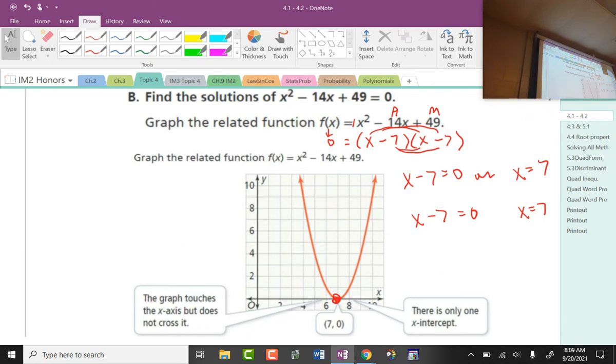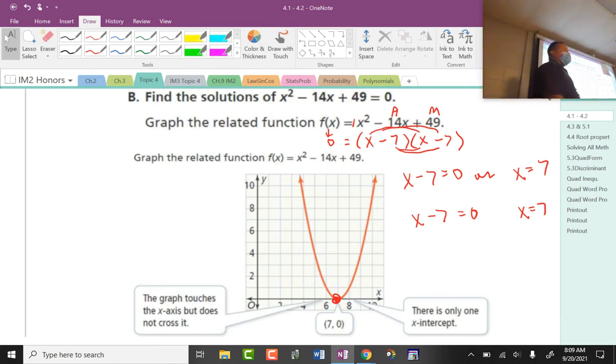It depends what we cover. When solutions happen more than once, those are special cases. It happens twice, but you only write one x-intercept. You only write one solution. You write x equals 7, and then the x-intercept is (7, 0).